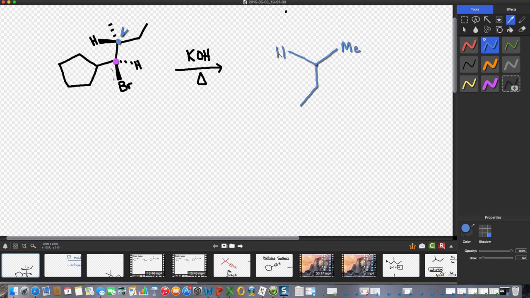And you know, people of varying skill levels can see this better than others. But if you put yourself above the plane of that molecule, I think you can see that the methyl is up and to the right, the hydrogen is up and to the left, and the ethyl is straight down. Now, the back carbon. Don't judge my circles. So the cyclopentyl group is in the plane.